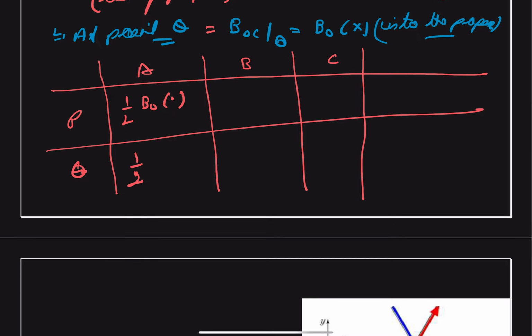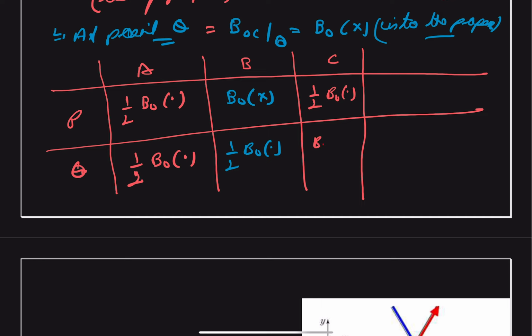For rod B we have B naught and half B naught, and for rod C we have half B naught and B naught.